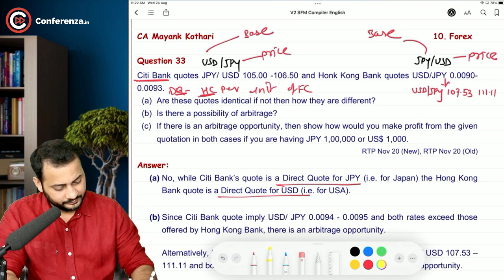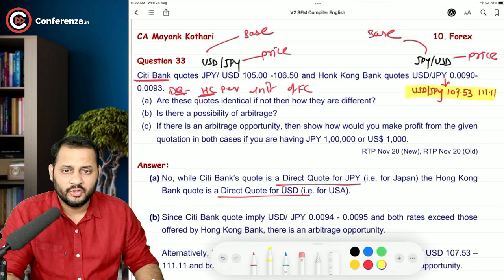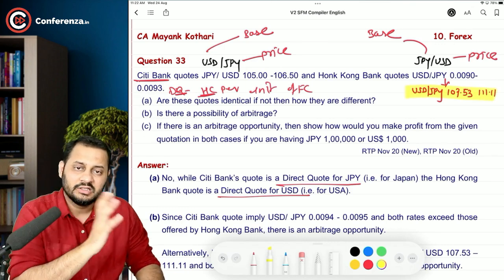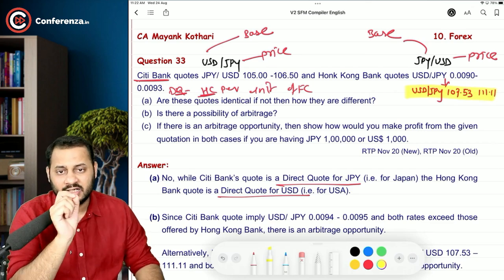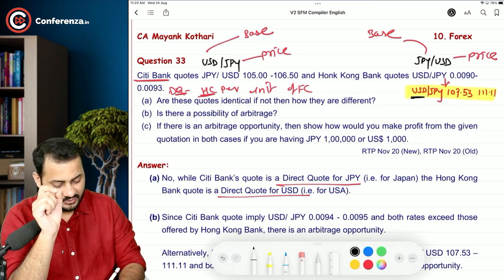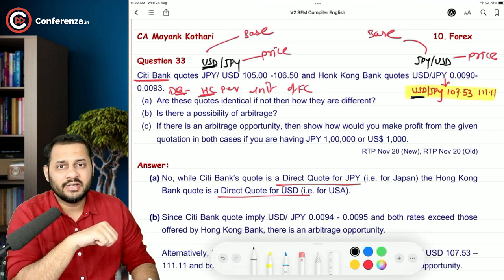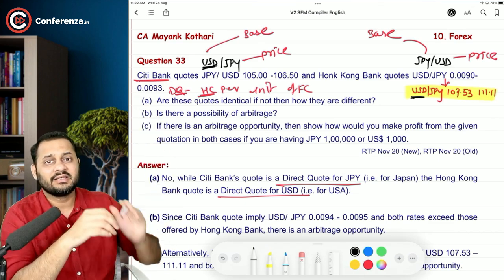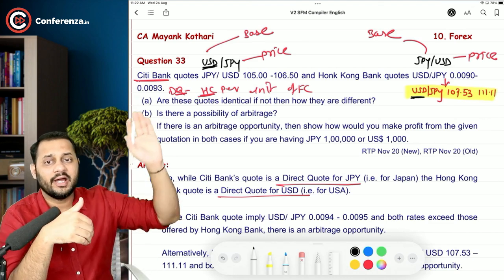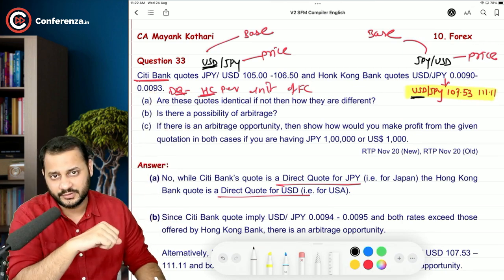Now you compare this rate with the rates by Citibank. You can clearly see that Citibank's rates are lower than the Hong Kong bank rate. In both of them right now, USD is the base currency, because we have converted the other one. Dollar is the base currency in both of them, and Citibank rates are lower. So it's cheaper to buy dollar from Citibank and sell it in the Hong Kong bank to make some profit.